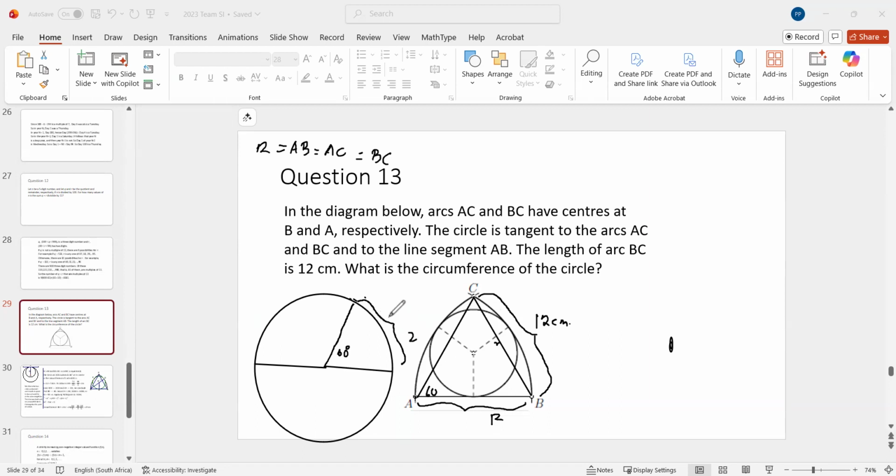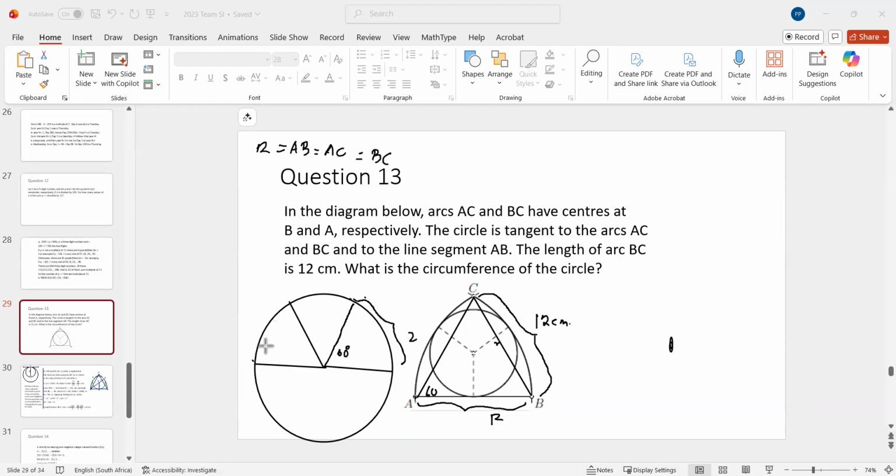So you've got the 60 degrees, you've got 12 here. So you can work out the circumference of the circle, because if you draw another 60 degrees, you get 120 and 180.